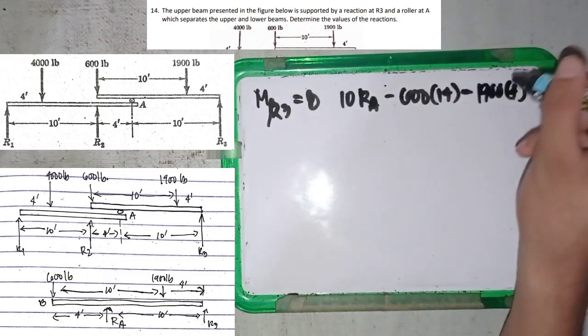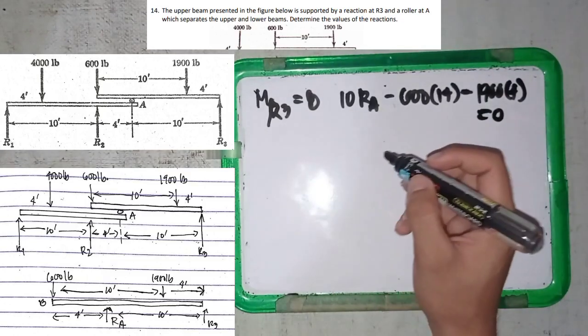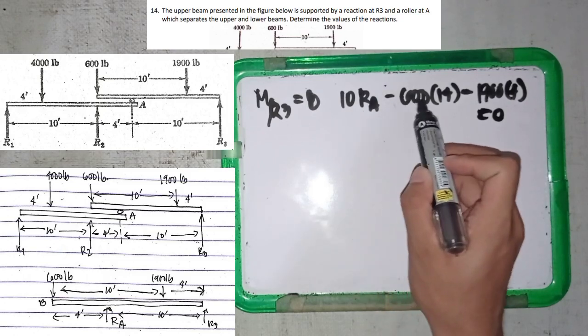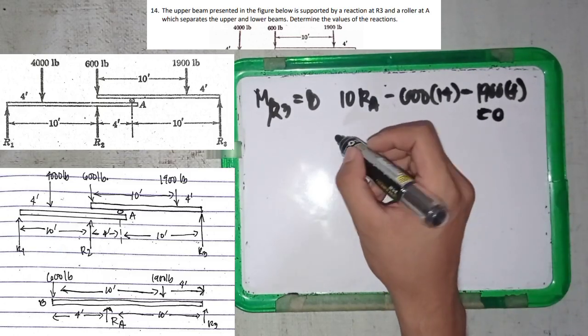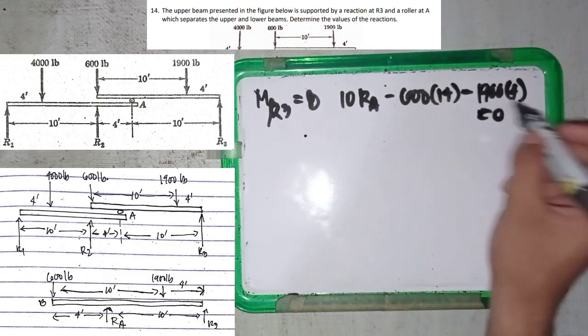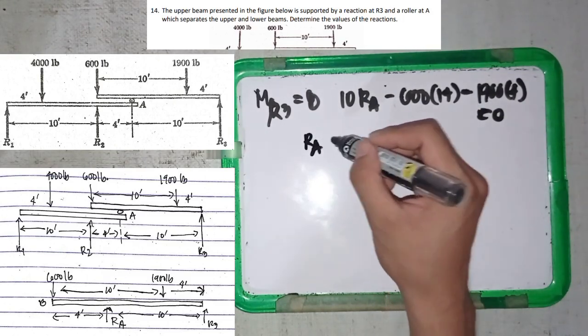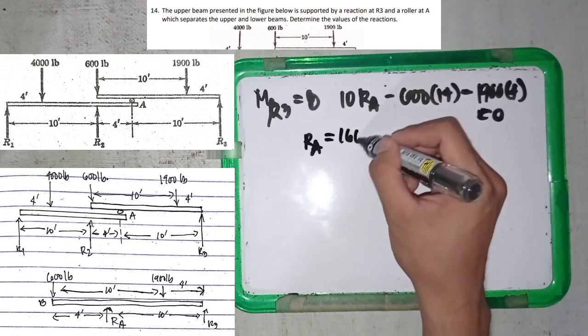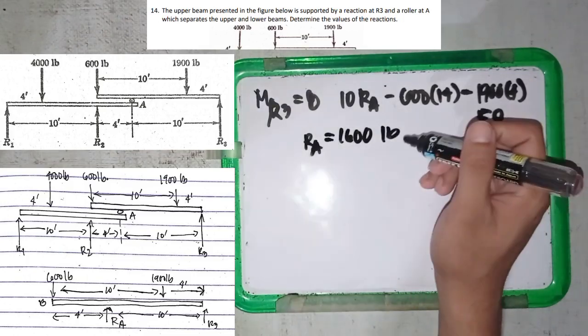Equate this to 0. If we transfer these two terms to the right side and solve this, we have the reaction RA, 1600 pounds.